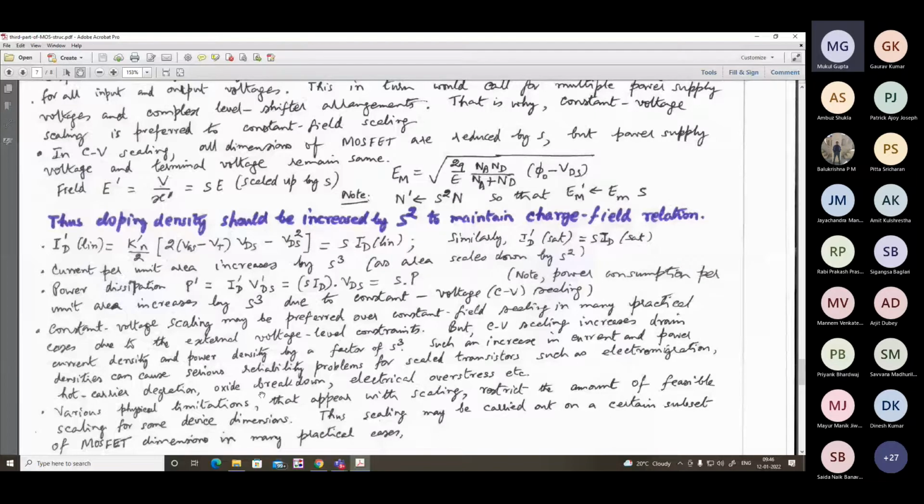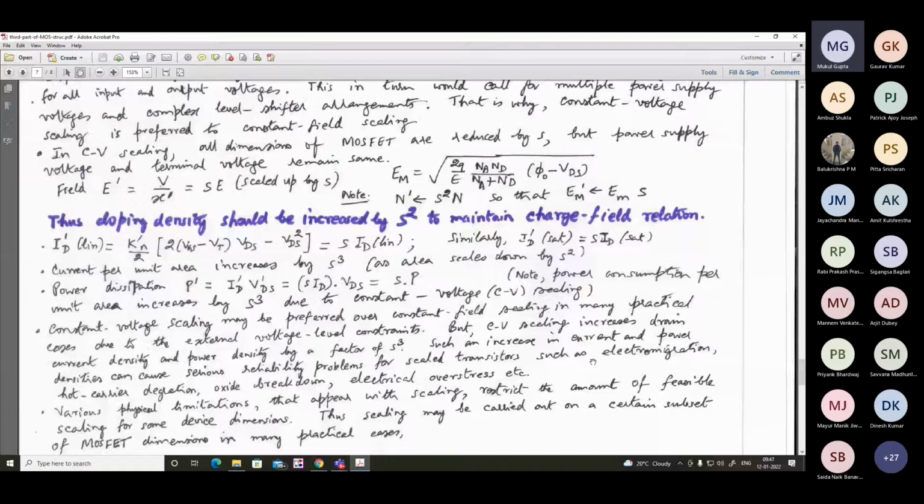For constant field scaling, the voltage was also brought down by a factor of s, so dV/dx remained constant. But here, voltage remains the same, but X is going down, so dV/dx will increase. So the field value will increase, and if it increases unchecked, it can lead to field breakdown.